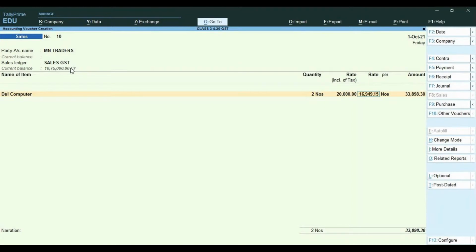Did you get this difference? What happens to the price with and without inclusive of tax? Did you get the difference?